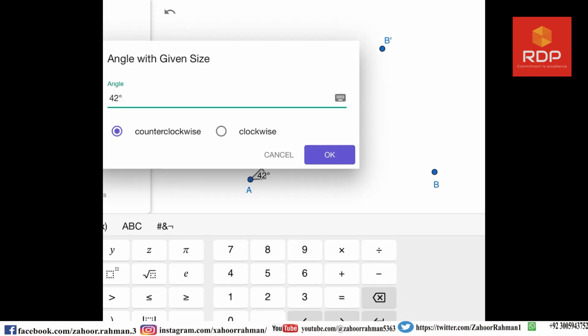Now from this side to this side it is 48. So I have to write 48 here, and then clockwise I have to select, that is mandatory. So if I click this, 48 degree is there.